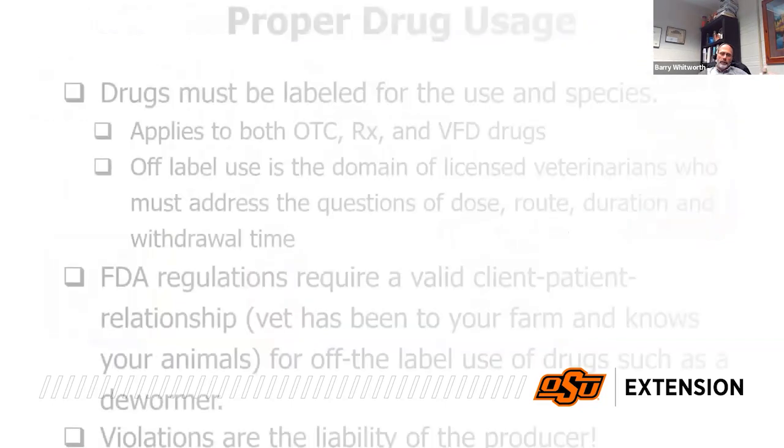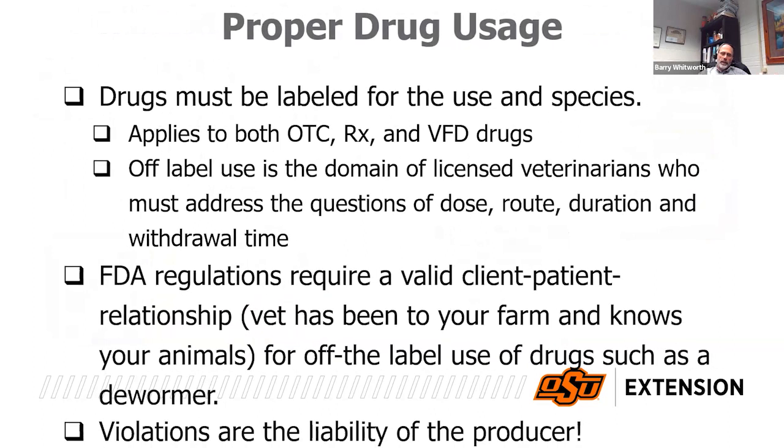I don't want to spend very much time on this, but just keep in mind that by law, we are only supposed to use a product by what the label tells us how to use it, whether that's species, amount, how often, all those things.